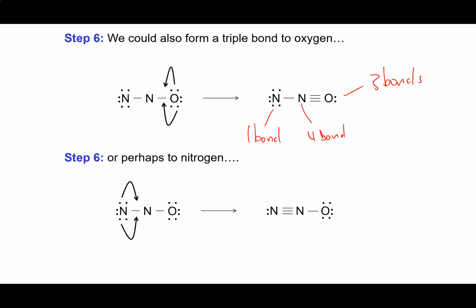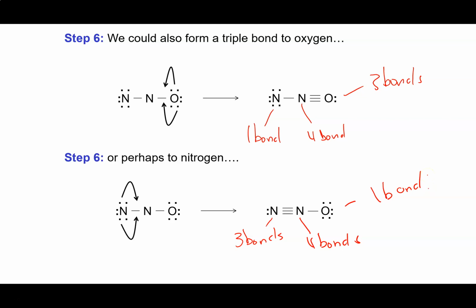The third way of doing it would be to bring in all 4 electrons from the nitrogen end of the molecule. So we would end up with this structure where we have a triple bond between the 2 nitrogens. And this one is happy because he's got 3 bonds. This one's unhappy, he's got 4 bonds. And this one is unhappy because he wants 2 bonds, but he's only got 1 bond.